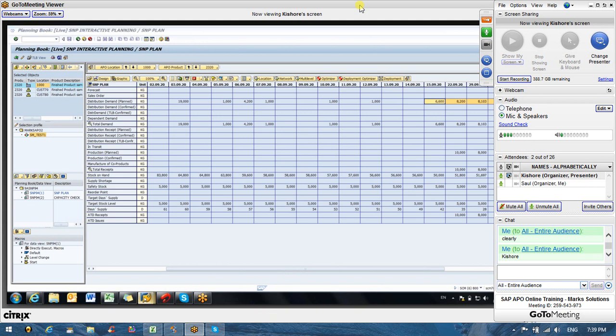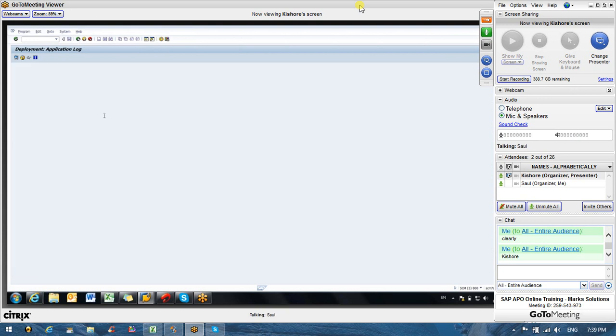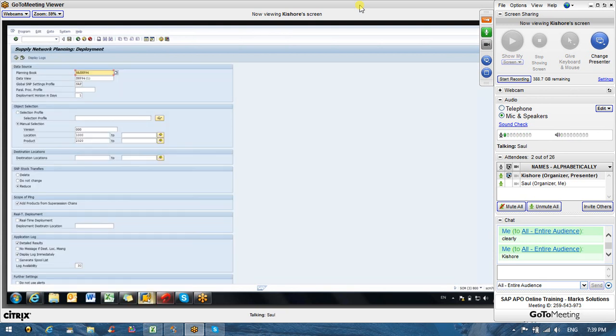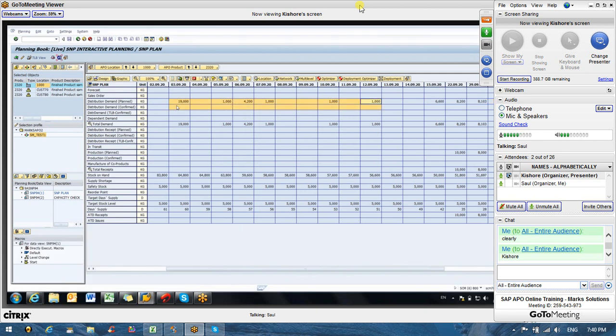So now, after maintaining the setting, we are running a deployment run. What it will do is try to confirm. Previously it was confirmed till 20 days only. Now it will try to confirm all the demand within this planning book horizon.